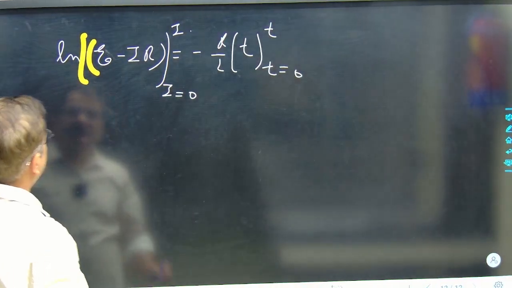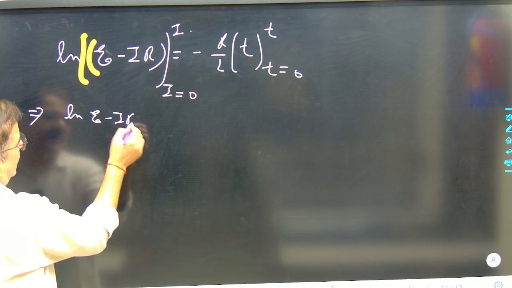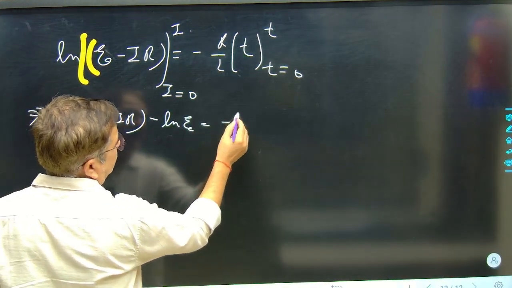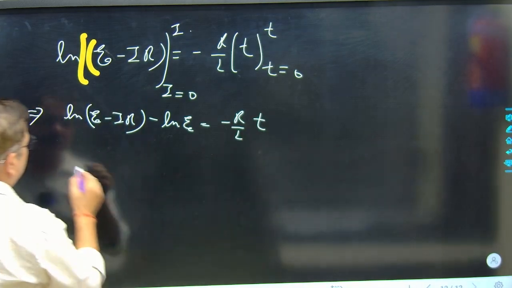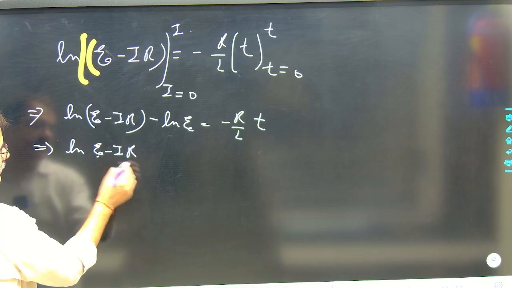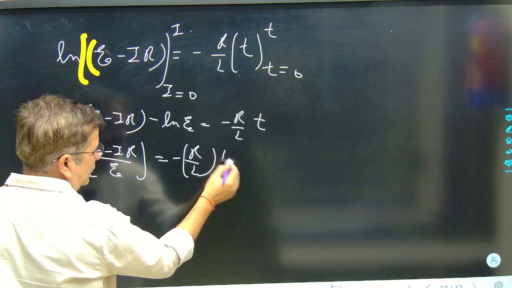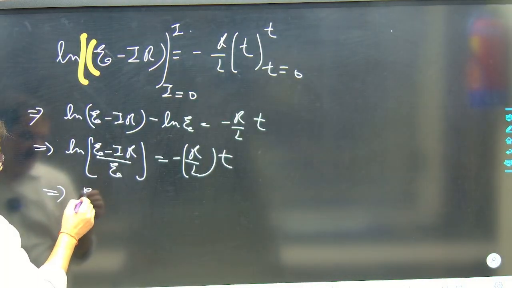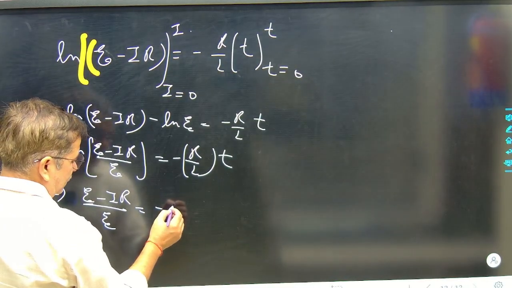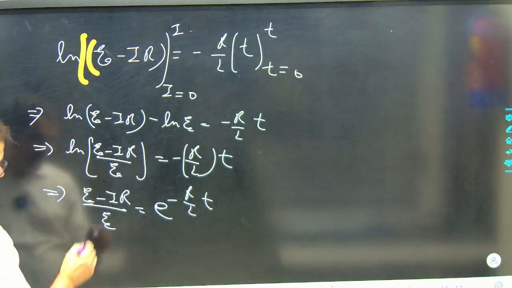If I put the result like this, just see the mathematical equation: ln of E minus IR minus ln E is equal to minus R by L into T. Log A minus log B is log A upon B, so ln of E minus IR over E is minus R by L into T. Further, if I solve, E minus IR over E is e to the power minus R by L into T. This expression is also correct.